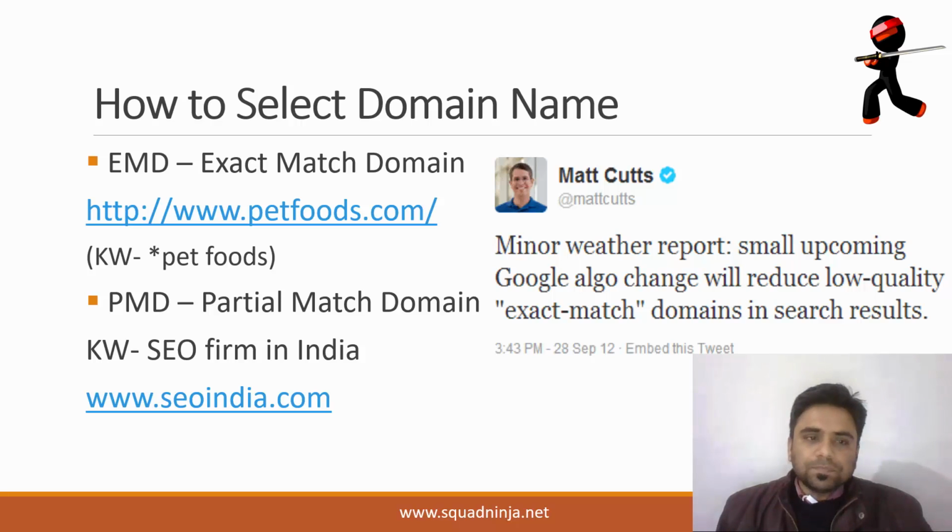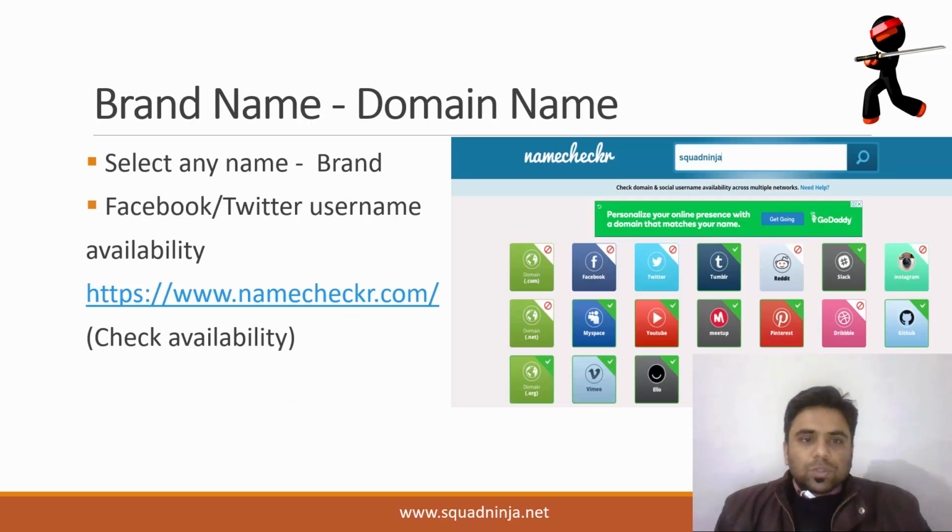So let's see. How to select a brand name? Selecting a brand name depends on you. Like we have chosen Squad Ninja, and you just have to check whether the social media accounts on Facebook and Twitter are available for that or not.